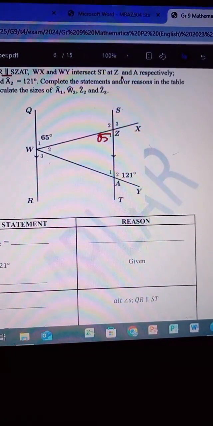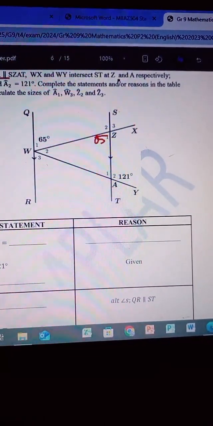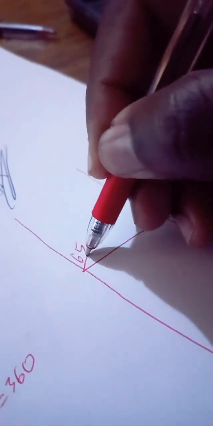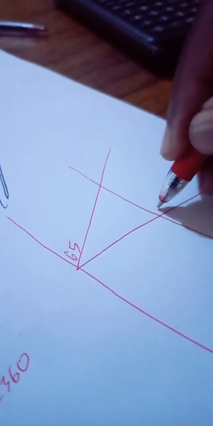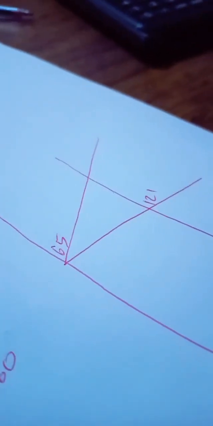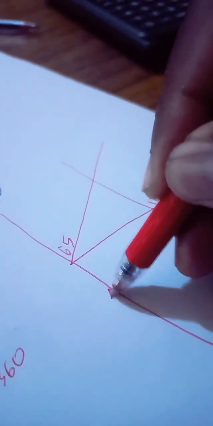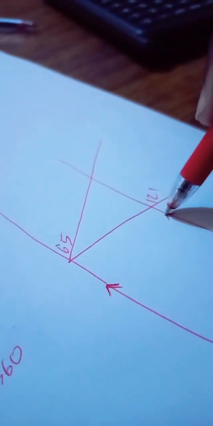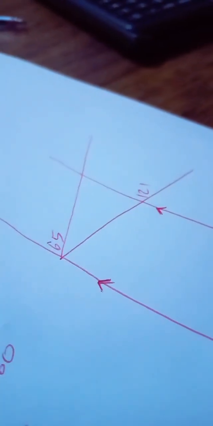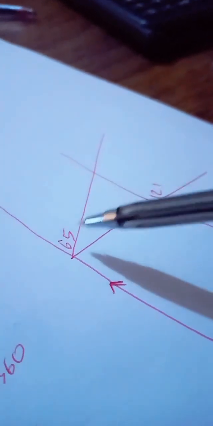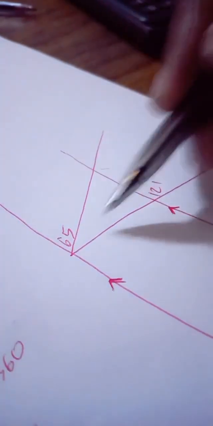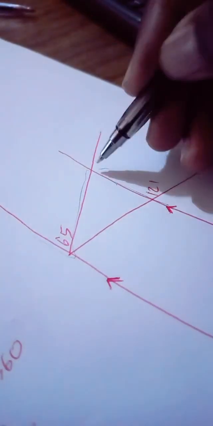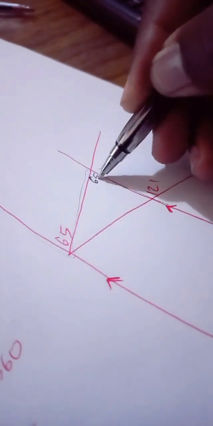Right, so this is 65 and we have 121. Remember, before you go to answer the question, first sort it out alone without reading the questions. Alternate, so this is 65.